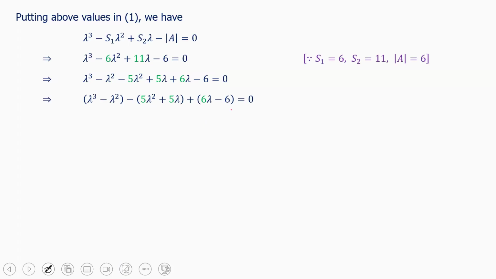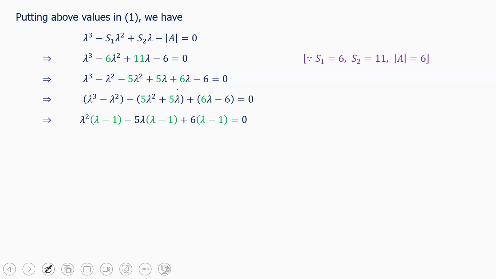From the first pair, if we take lambda square common, what remains in the bracket is lambda minus 1. If we take 5 lambda outside from the next two parts, lambda remains here, 1 remains here. Since we have taken the minus sign outside, it should be minus, not plus.